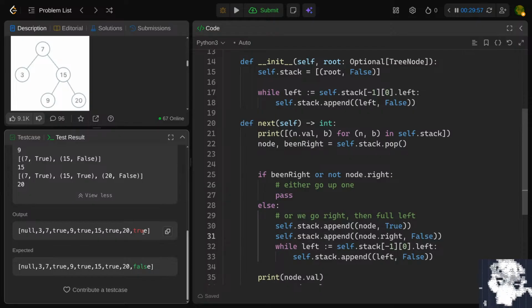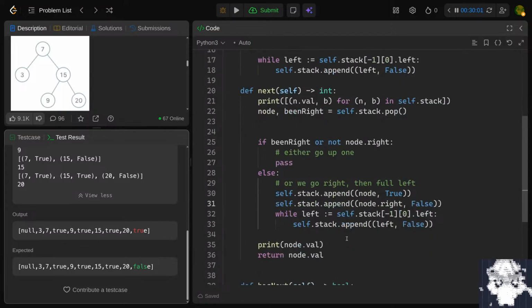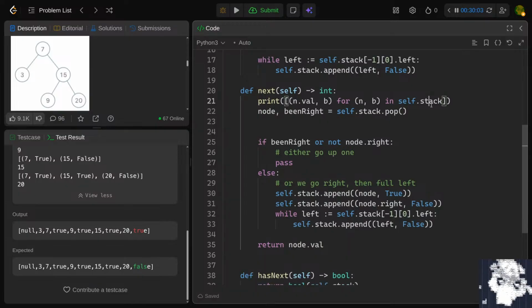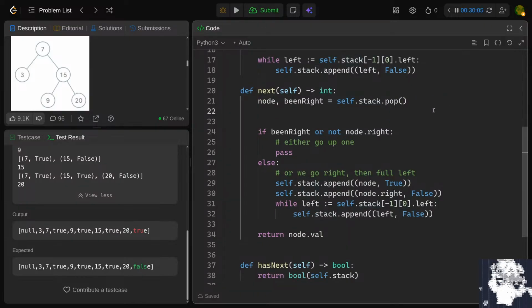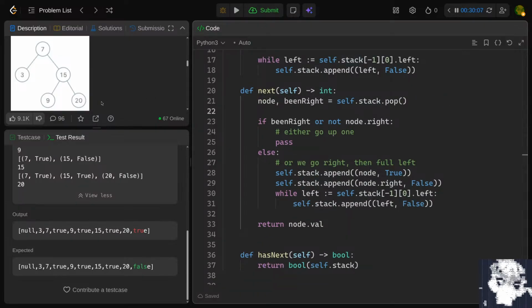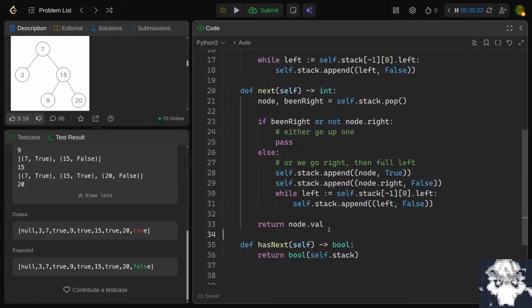Oh, actually the only problem left is that we think there's still stuff to do at the end. So we said we never went right on 20. So we think there's still something to do, and we're going to find out once we try to go next that there's nothing to do.